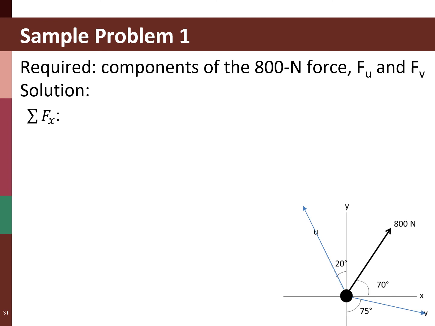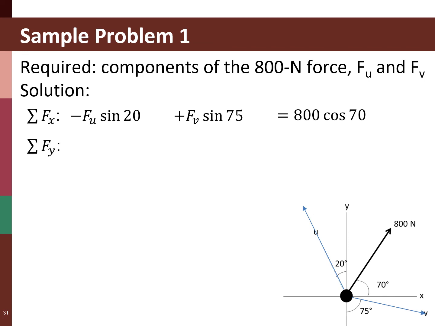We equate the x components of the components about the U and V axis to the x component of the 800 Newton force, so that negative f sub u sine 20 plus f sub v sine 75 is equal to the x component of the 800 Newton force, which is 800 cosine 70.